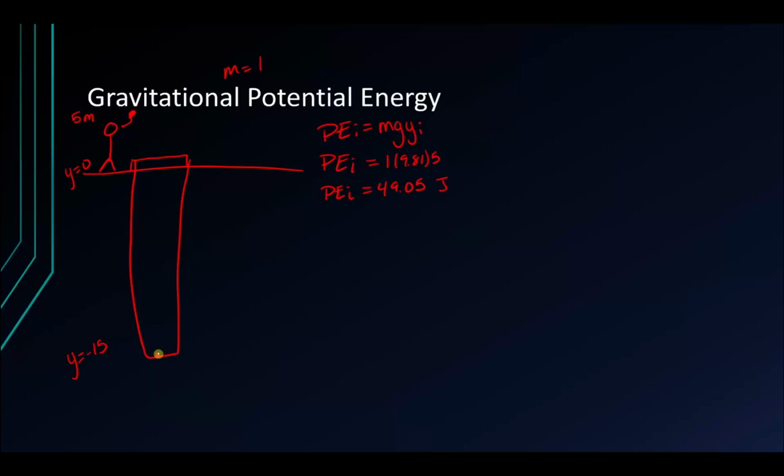So what about whenever this ball hits the bottom of the well? So let's call that my final position. So my potential energy final is mgy final, meaning that my potential energy final would be negative 147.15. So what is my total change in potential energy?